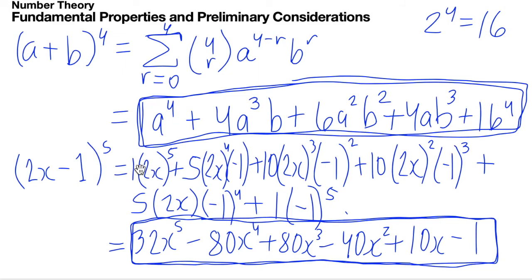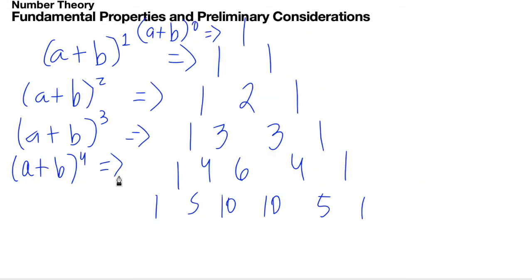If you want to check that, we can go back to the previous slide. Here, 1 plus 5 is 6, plus 10, 16, plus 10, 26, plus 5, 31, plus 1, that's going to be 32. So it follows that the binomial coefficients are the expansion of x plus y raised to n in the various rows of the Pascal's triangle.